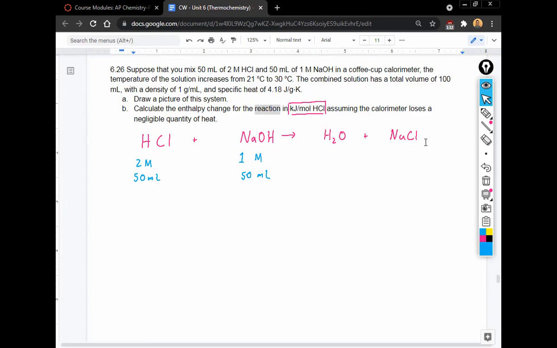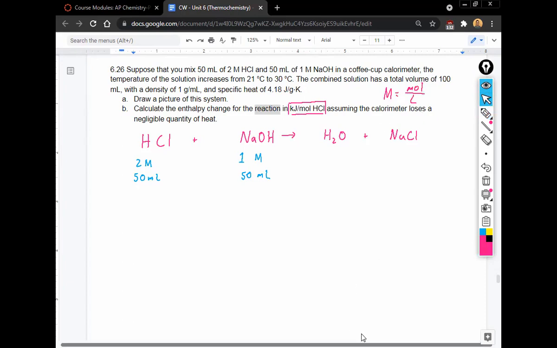I'm going to give you a minute. I want you to figure out how many moles of HCl and how many moles of NaOH we have here. If you don't remember, the molarity formula is moles over liters.